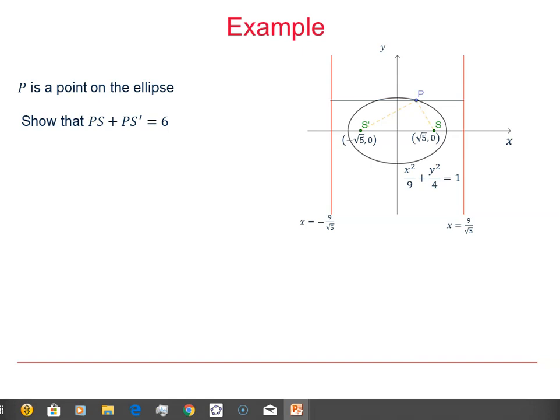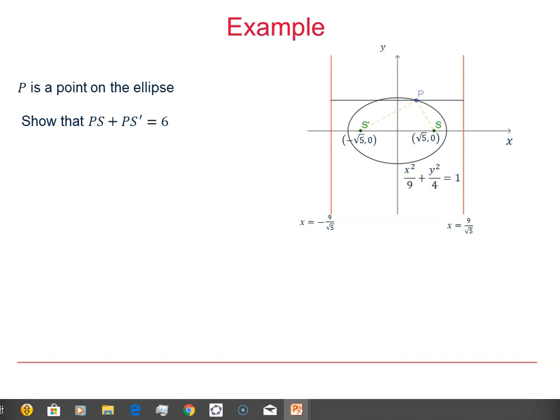The next part of the question asks us to show that the focal distances added together, so that's PS plus PS dashed, is equal to 6. Now we could try and work out each of PS and PS dashed using Pythagoras' theorem maybe, and then show that they sum to 6.